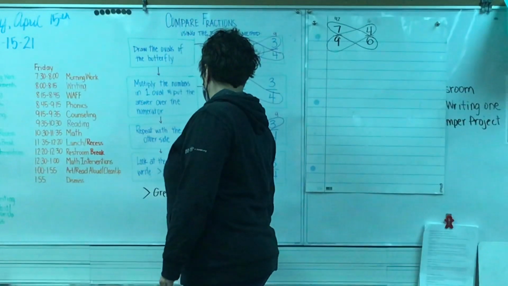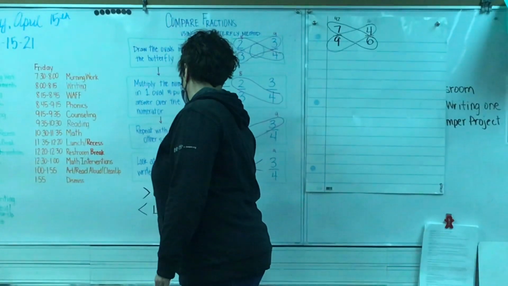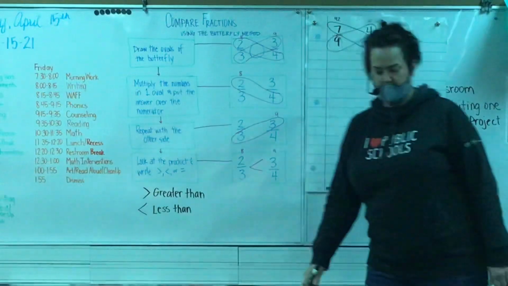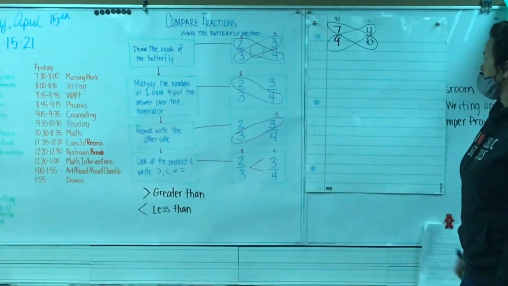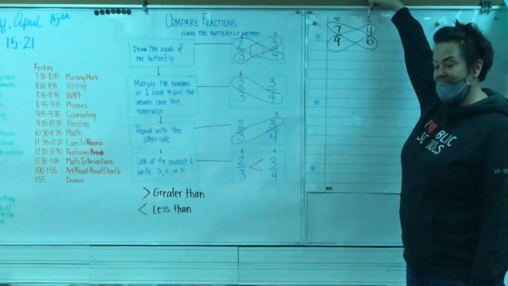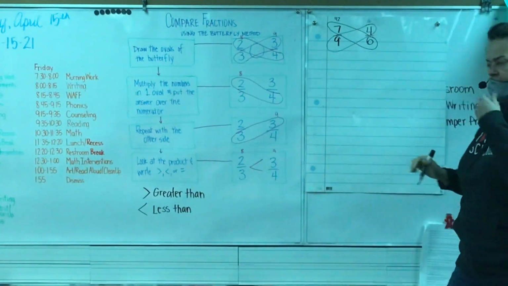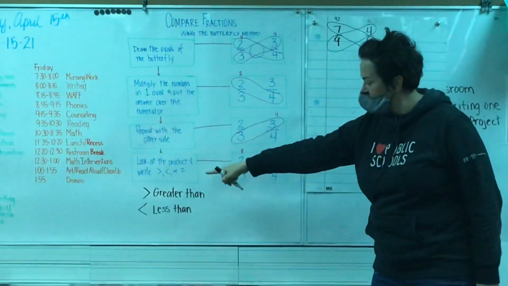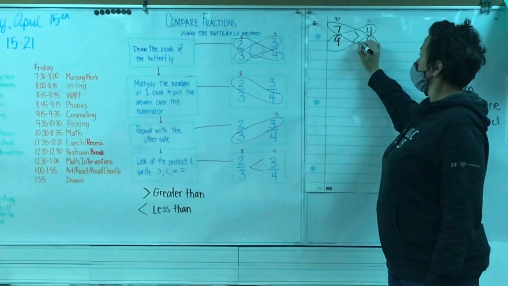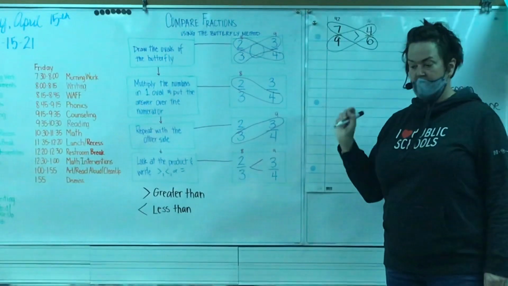Okay, 42, greater than 36, less than 36, or equal to? Greater. Right, 42 is, if you don't remember, you need to start remembering that one. It is greater than. So 7/9 is greater than 4/6.